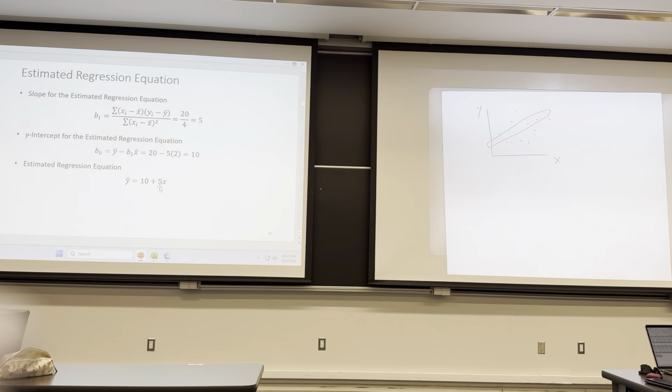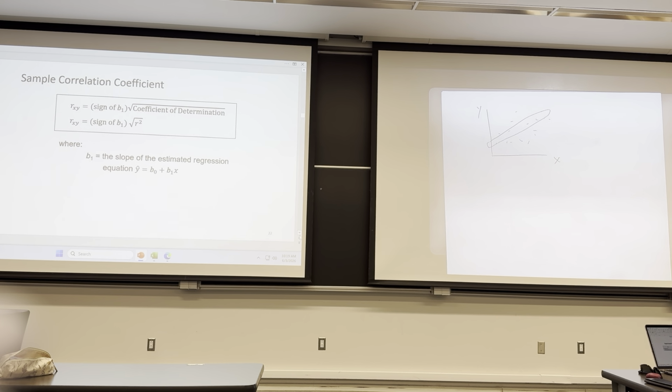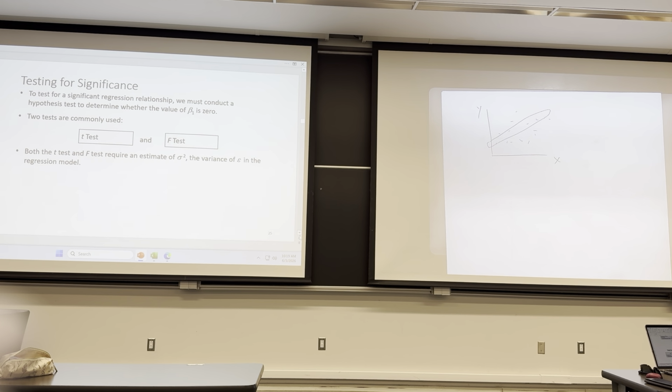So over here, you see relationship. But when you look at the whole population, there is no relationship. So what we are going to do over here now is we are going to do hypothesis testing and confidence interval estimation to determine if in our population also there is a relationship. Testing for significance.